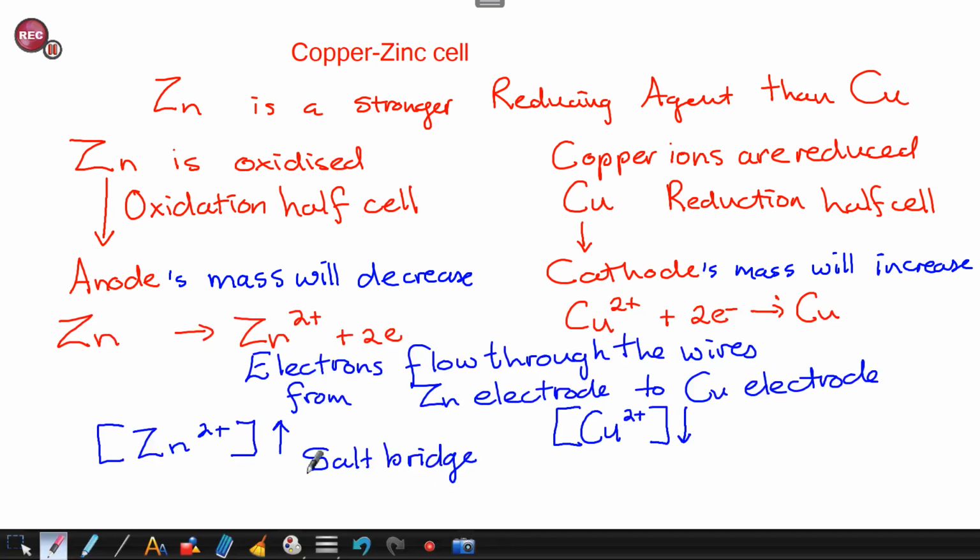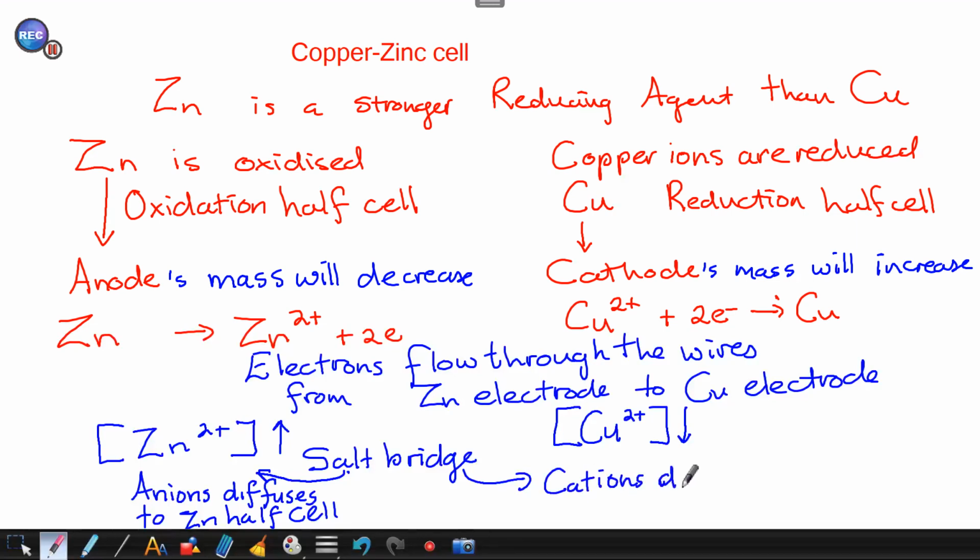So this salt bridge will allow anions to flow to the zinc half cell, and cations will diffuse to the copper half cell.